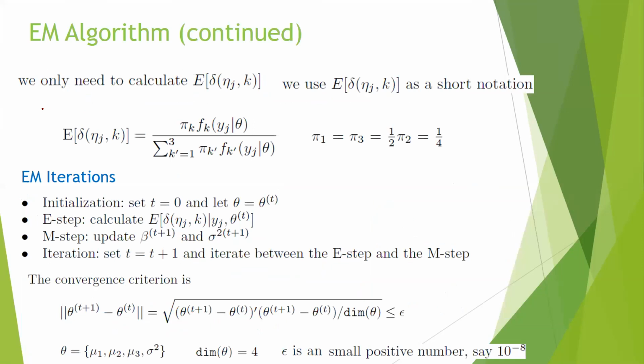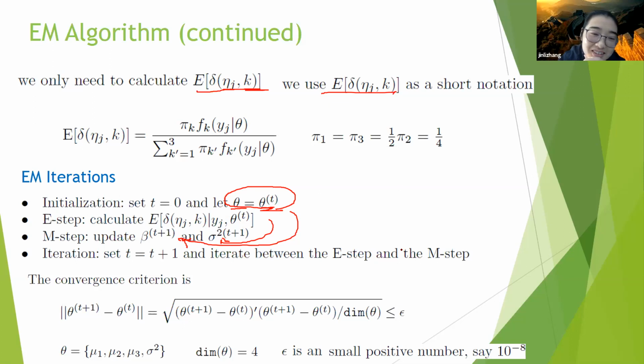So in the expectation step, we only need to calculate this expectation. In the initial step, we have to set up an initial value for the program. This is the fixed value we use at the starting point. Based on this, we can estimate the beta and the sigma square. Is this the question you asked?